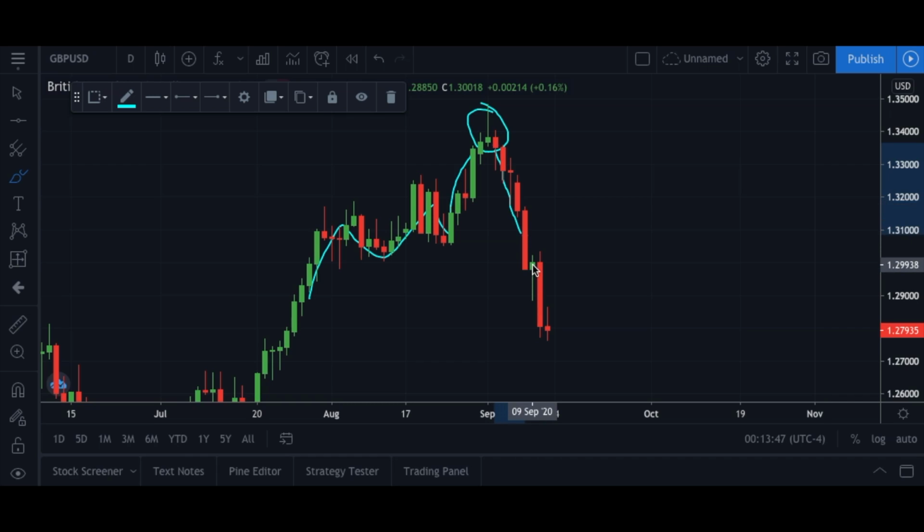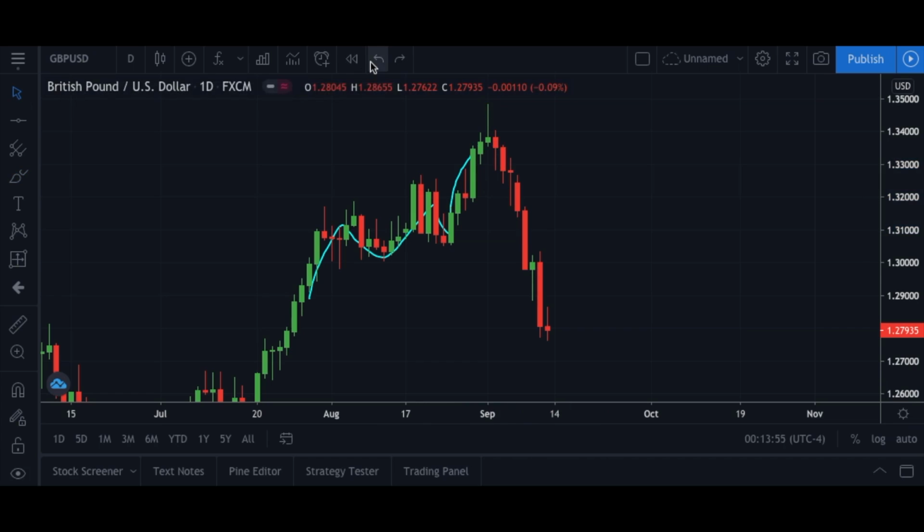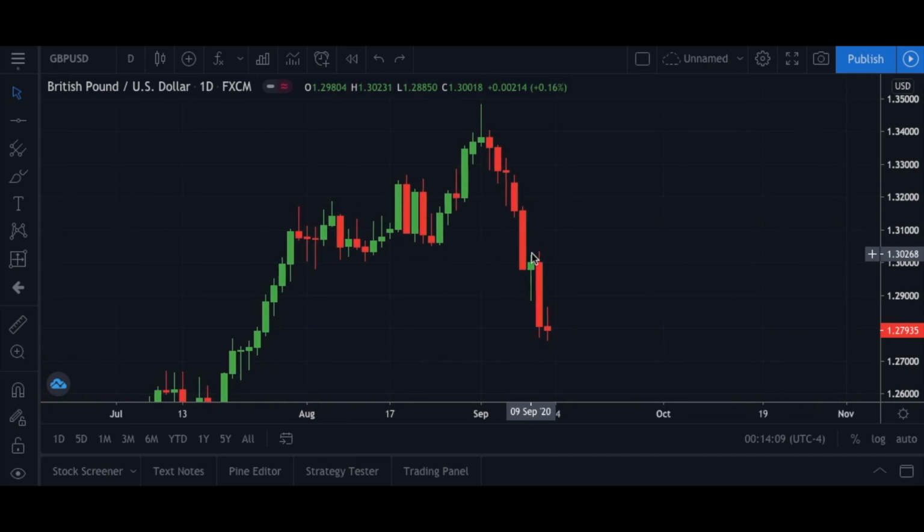Was this Wednesday? This bullish September 9th, that was Wednesday, right? So again, very similar: Monday, Tuesday, straight bearish, and then Wednesday was that bullish pullback, and then Thursday, Friday bearish. So GJ and GU are very similar.